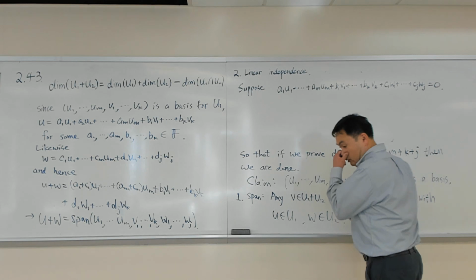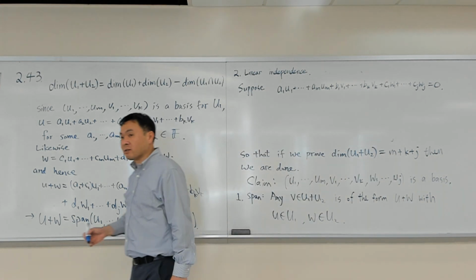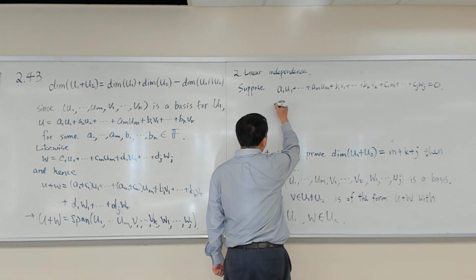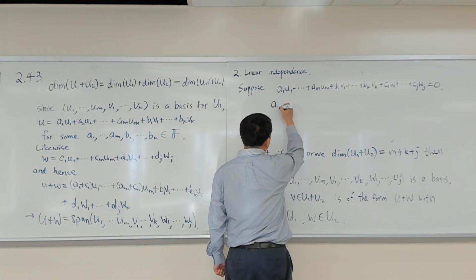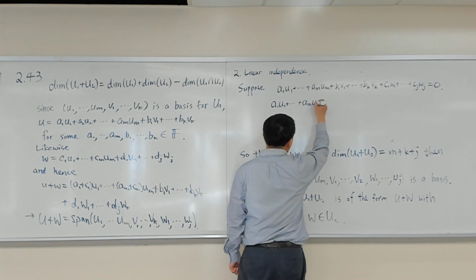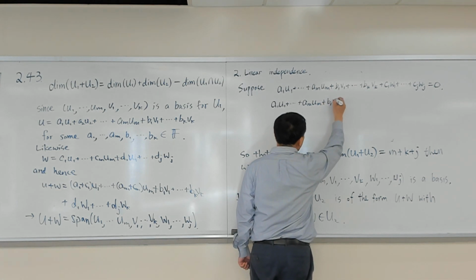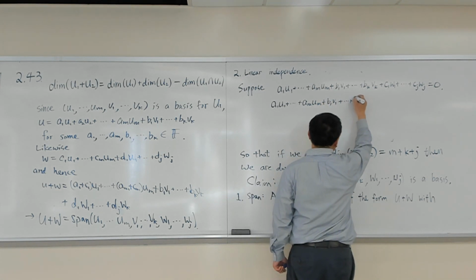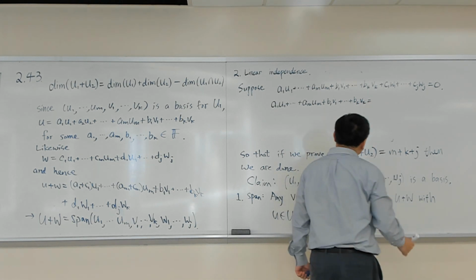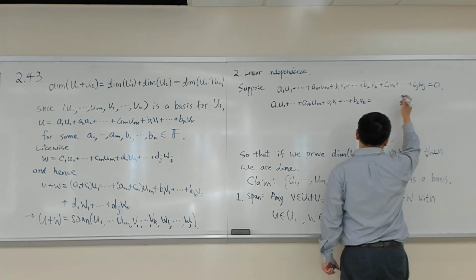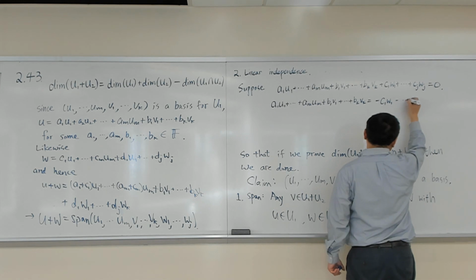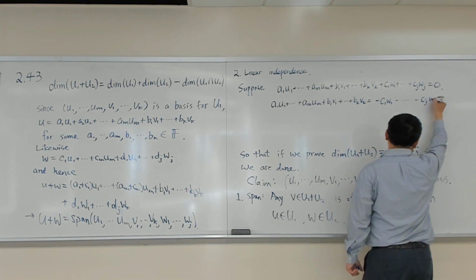Our goal is to show that all the coefficients are 0, right? So a1 u1 plus and so on up to am um plus b1 v1 and so on, move all the w's to the other side, so it's negative c1 w1 minus and so on minus cj wj.